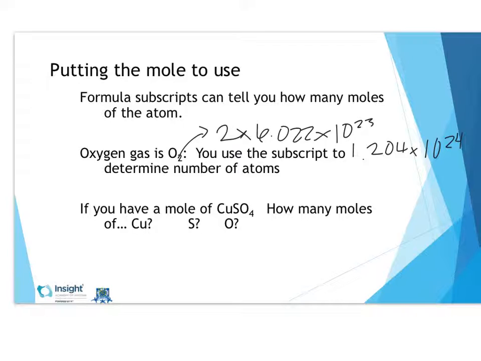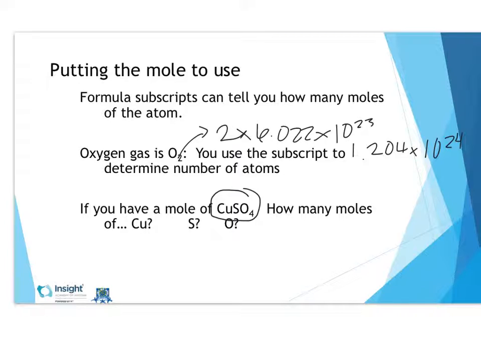You can do that same sort of thing with the individual elements in a compound. Okay? So if you have 1 mole of this compound, copper sulfate, and you wanted to know how many moles of each individual atom you had, you'd take the subscripts and multiply it by 6.022 times 10 to the 23rd.